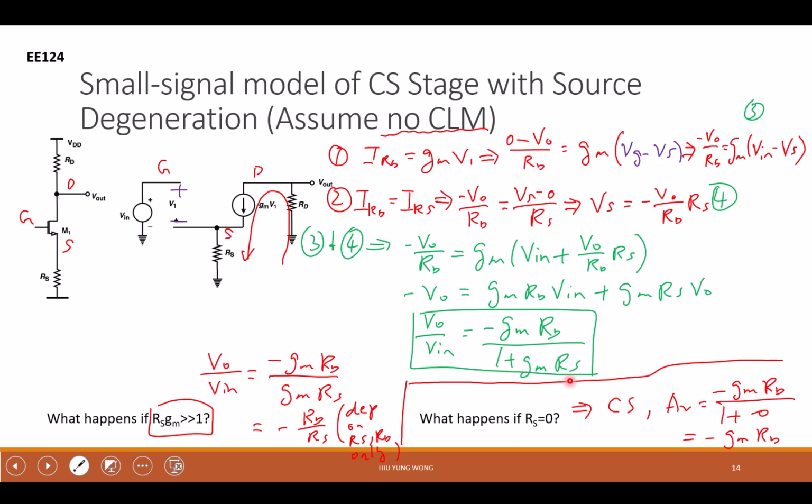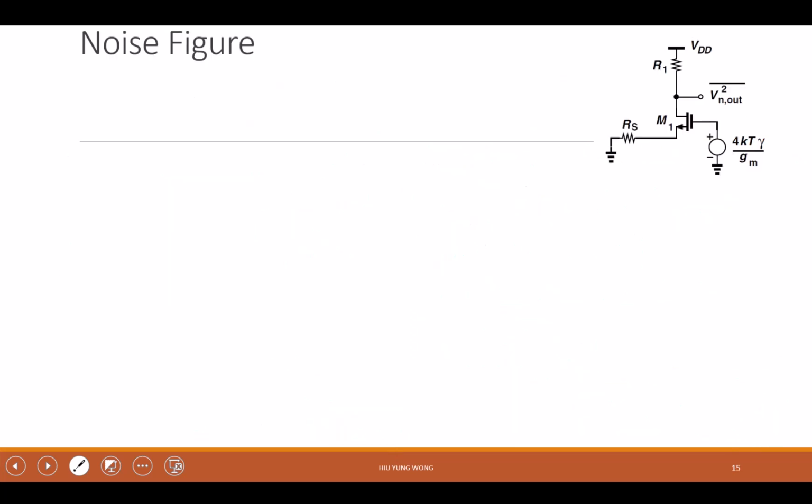Now remember, if RS is 0, this term is 0, so it becomes negative gm RD. Makes sense again, right? This is called common source with degeneration. So just memorize this. We will use it. Vout divided by Vin is equal to negative gm RD over 1 plus gm RS, right? And I urge you to take a look, if you have not learned that before.